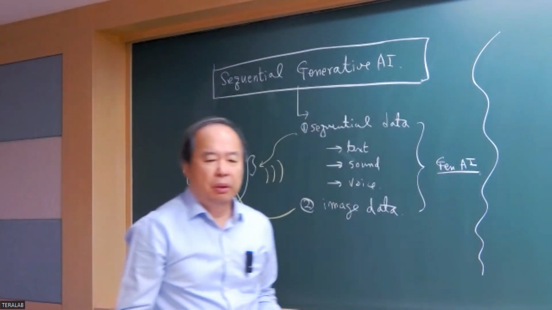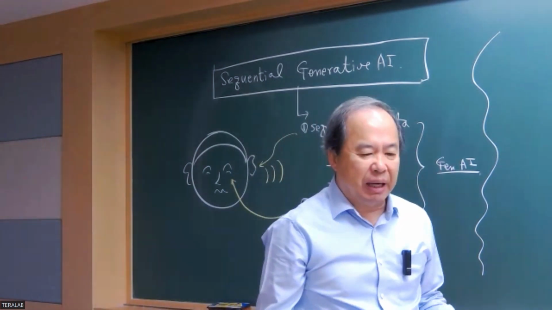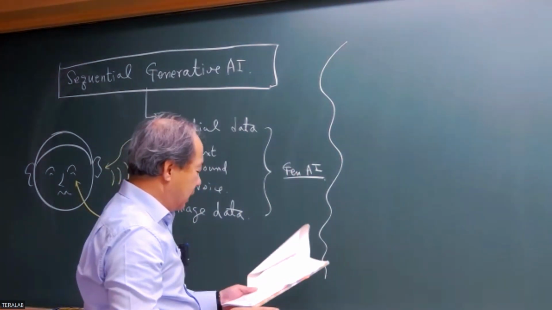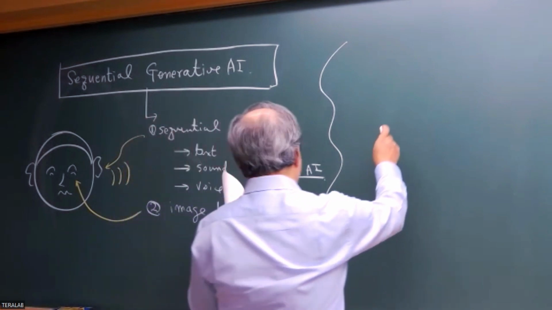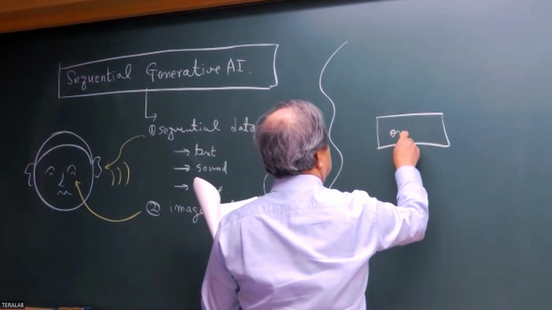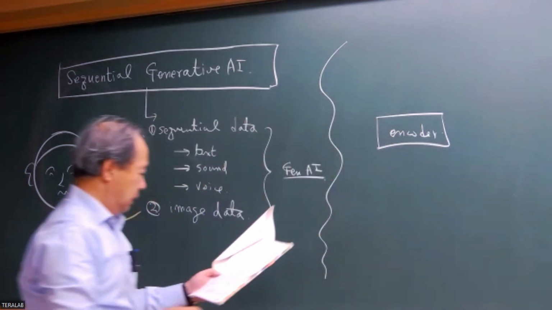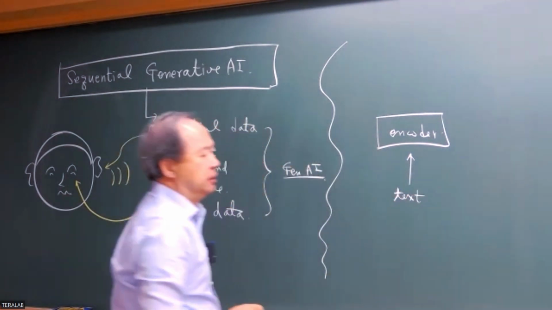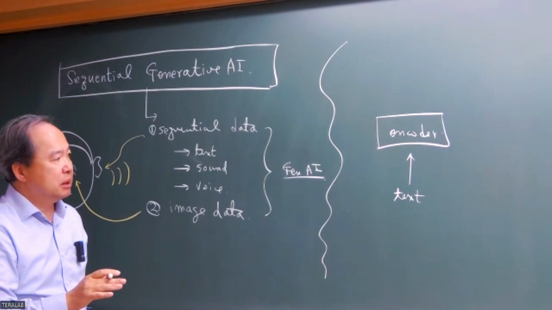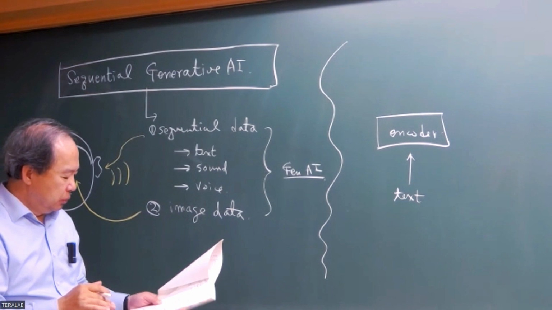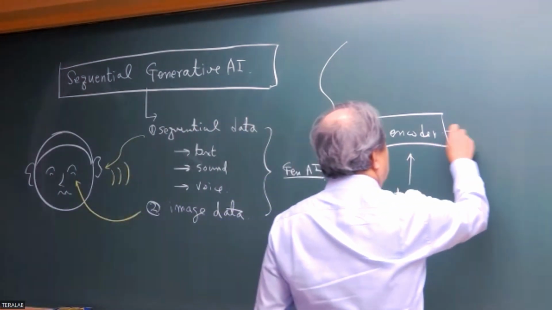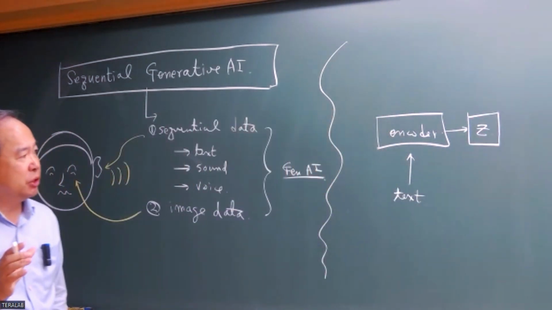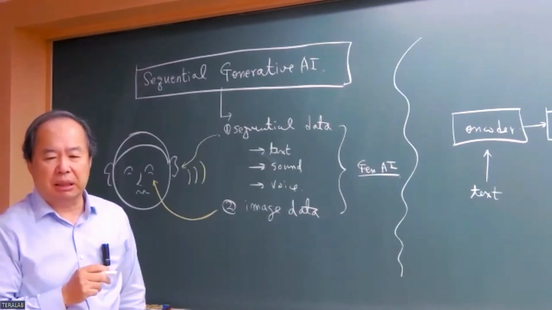I also suggest a generative AI architecture in order to achieve this kind of multimodal generative AI. This is my imagination. We have an encoder, and we put in text. We can write a text and it will be encoded by this encoder, and the encoder output has certain summarized information that is called a latent vector.